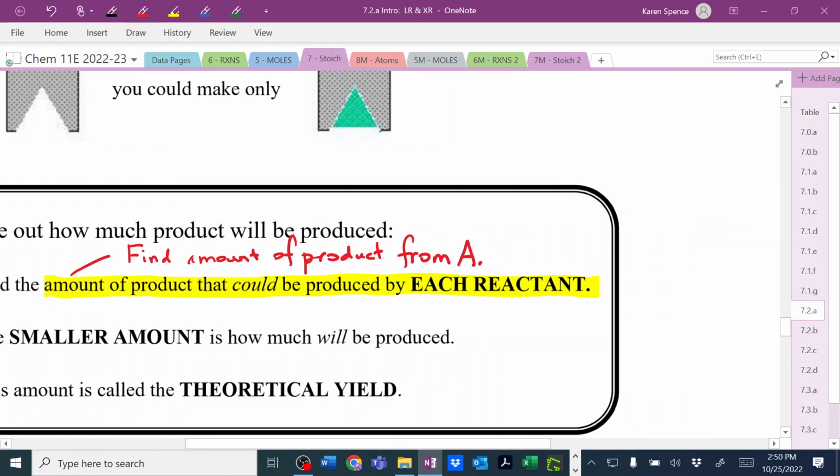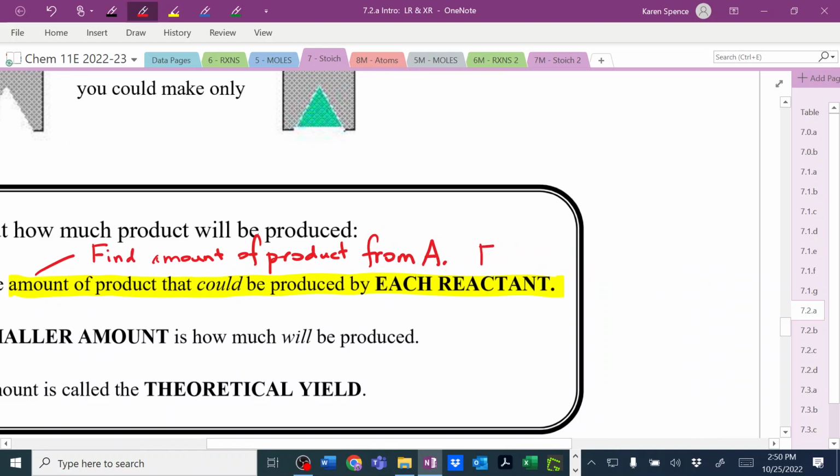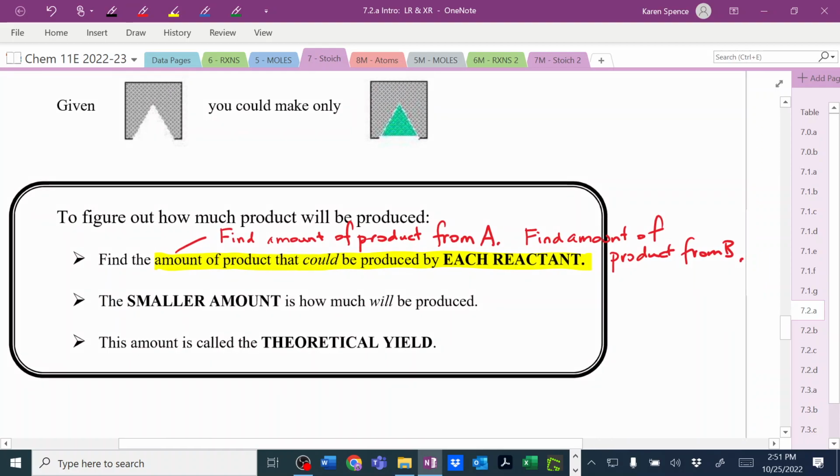So you'll find the amount of product from A and you'll find the amount of product from B. And you'll say, which one is smaller? The smaller one is how much will be produced.